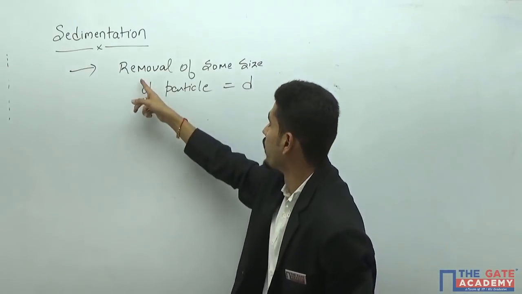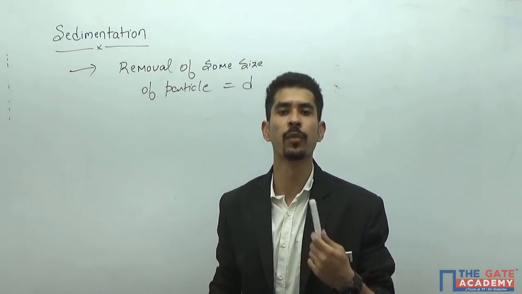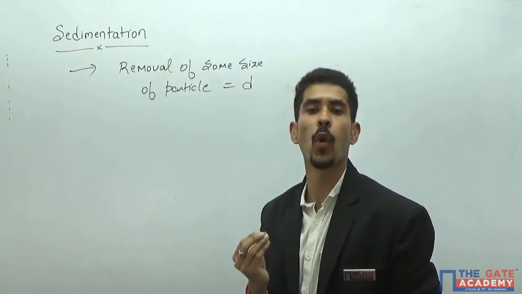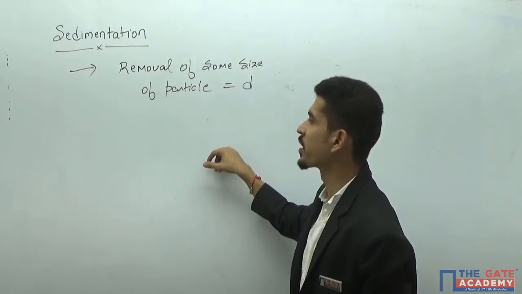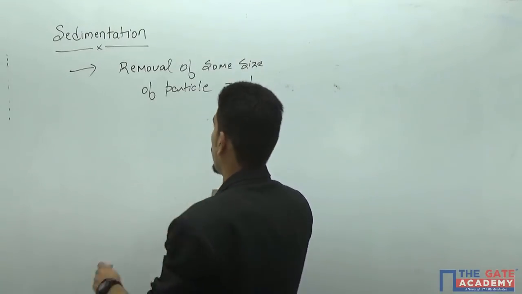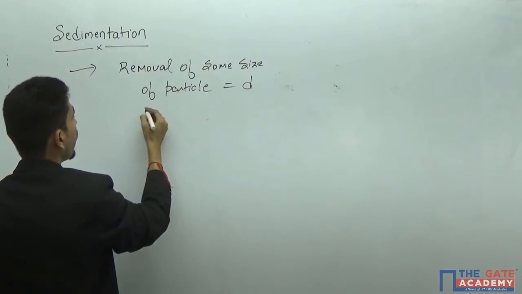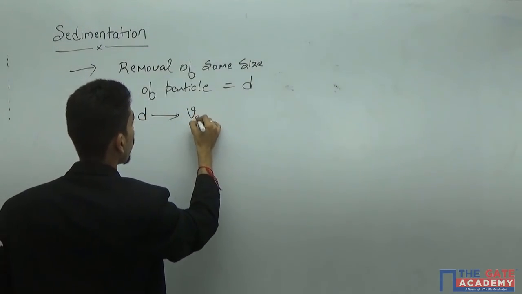So I will design in such a way that the minimum size of particles getting removed in my sedimentation tank is 0.3 mm. So the minimum size which is getting removed is D. Corresponding to this size D, there will be a settling velocity.